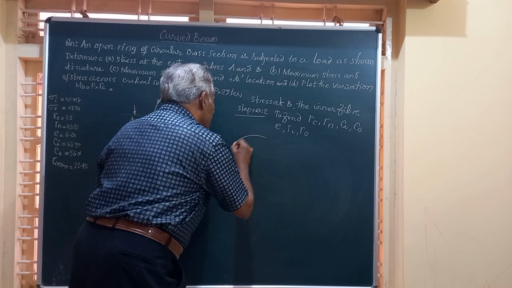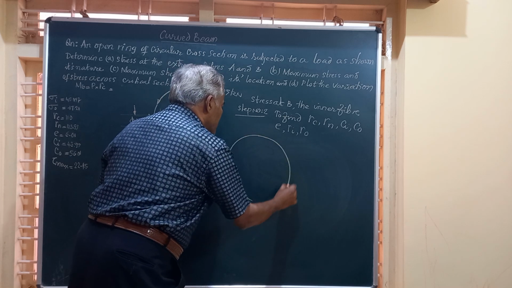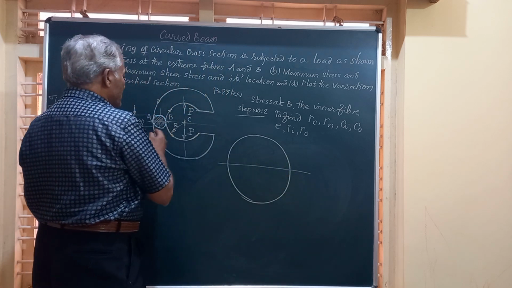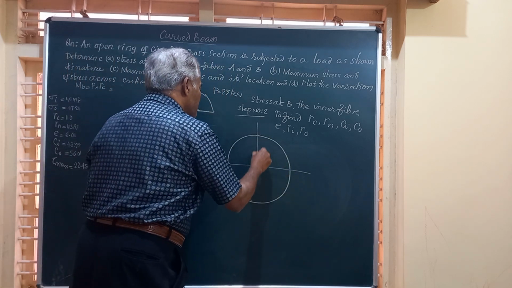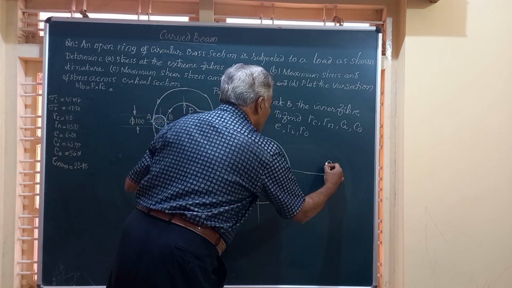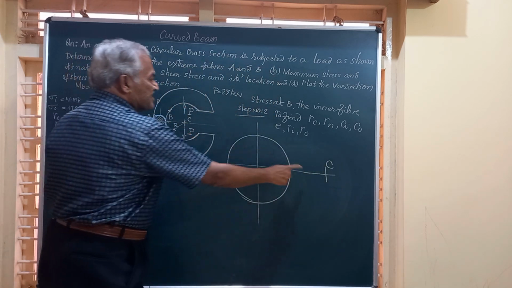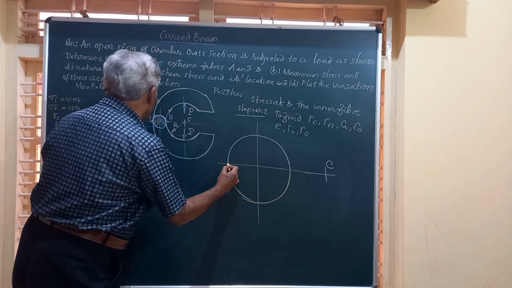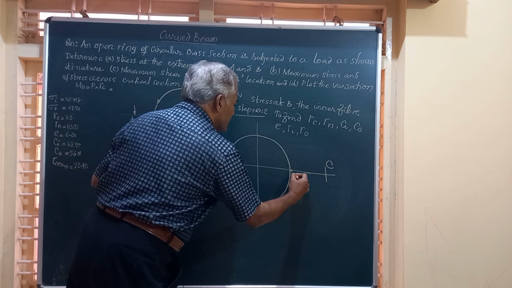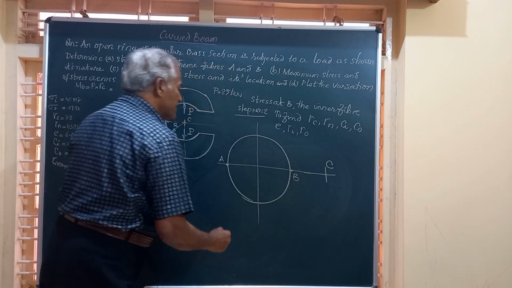So to explain these terms, I am going to write down a very big cross section. That is, I am going to enlarge this cross section and tell you what are these various terms. So I will mark here C. This is our point A, the outer fiber. This is the point B, the inner fiber.